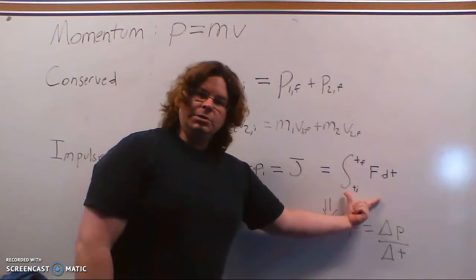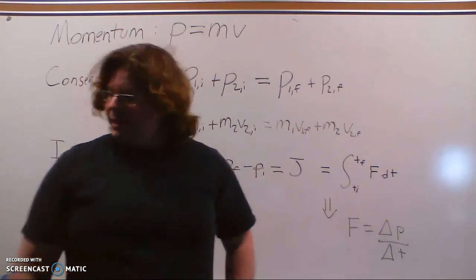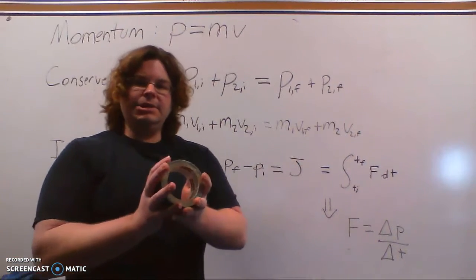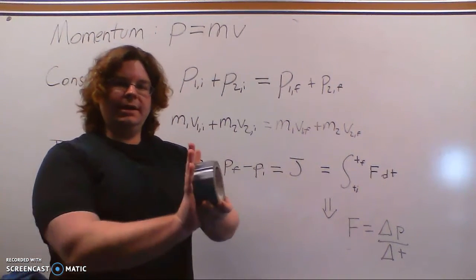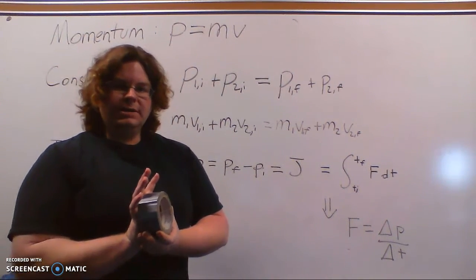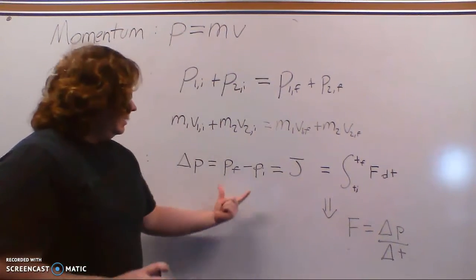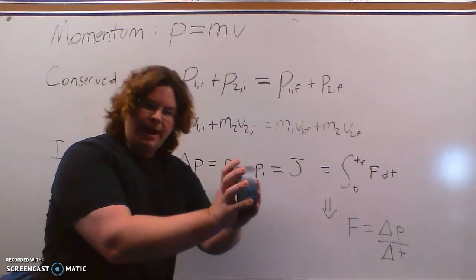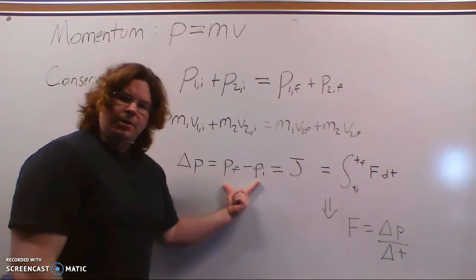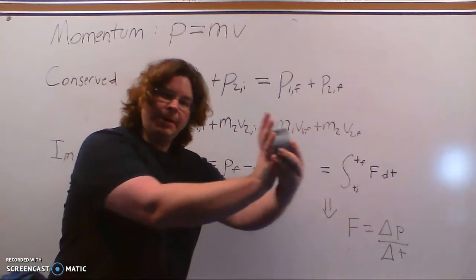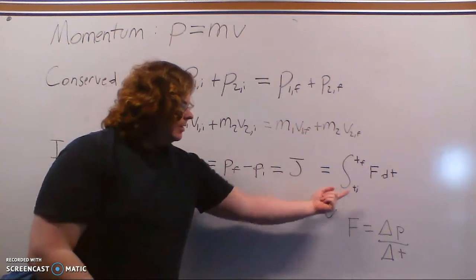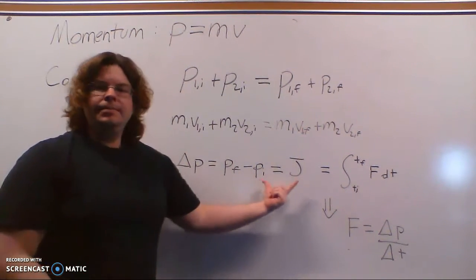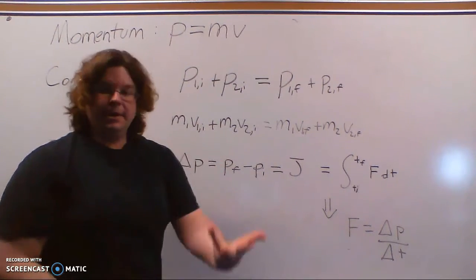And so this is why this expression makes sense, because it makes sense to us intuitively that if I have some object and I exert a force on it, then if I exert that force for, say, a small amount of time, then the momentum, that is how fast this mass is initially moving compared to how it's later moving, that change might be small. But if I exert that force for a longer period of time, then I have a chance to speed the thing up more. So this change in momentum is going to be bigger, thus the impulse itself is bigger.